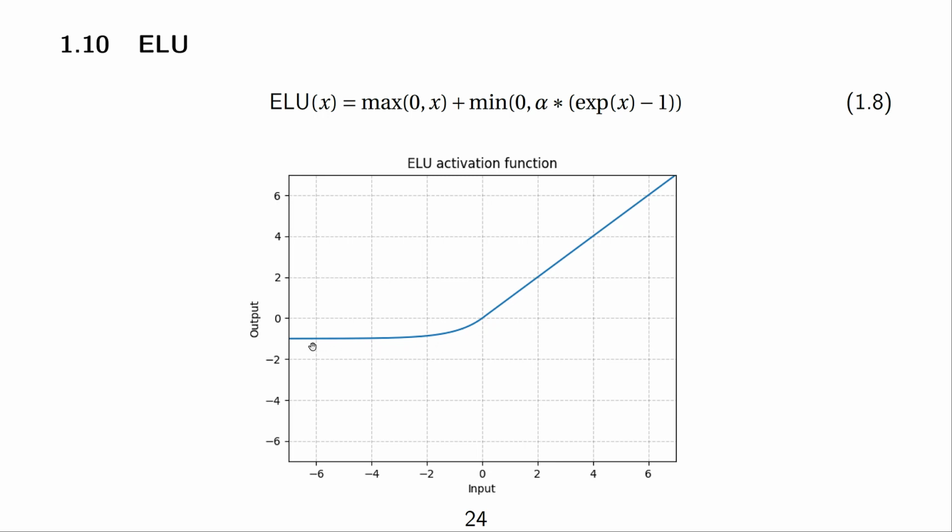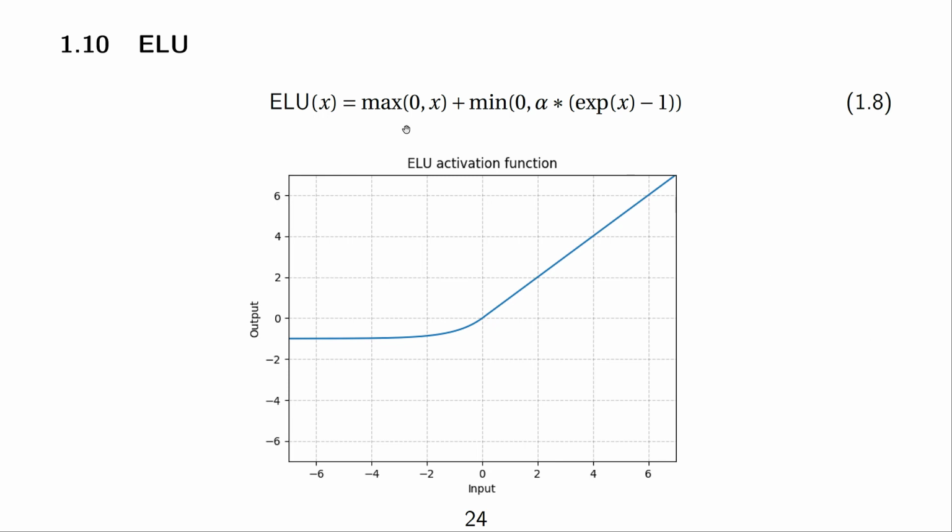Of course, the gradient becomes very small for values that are very, very negative. But we can see that we have now positive and negative outputs, and that this function is maybe similar again to the identity around the 0 value. The parameter alpha has a default value of 1 in PyTorch, and again, alpha is not learnable.